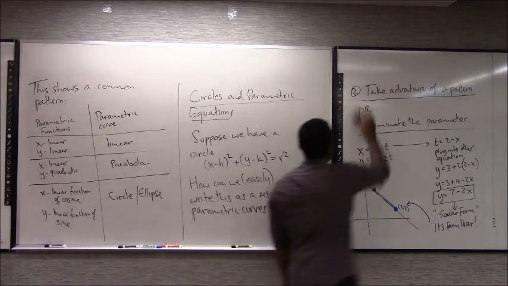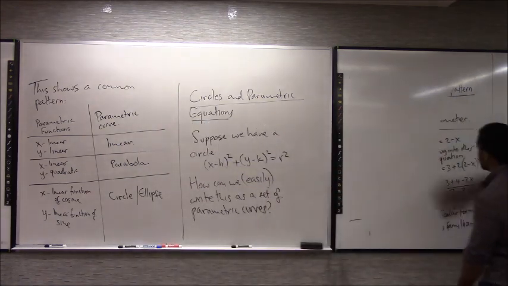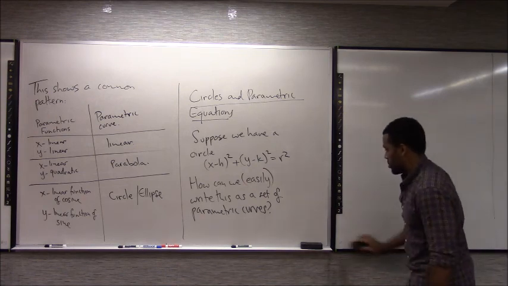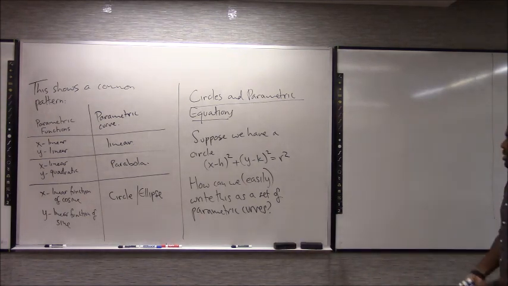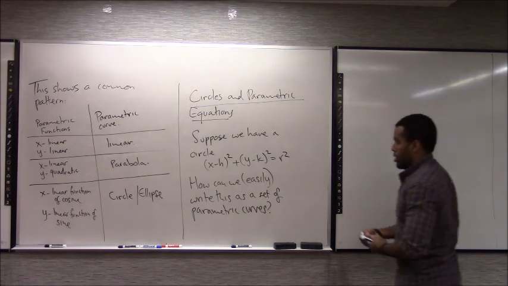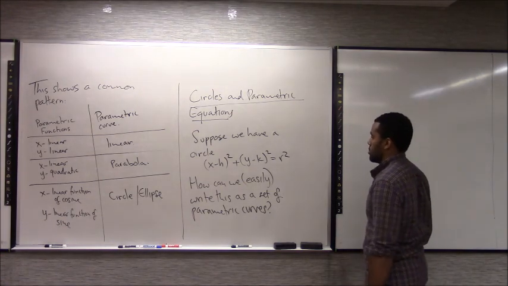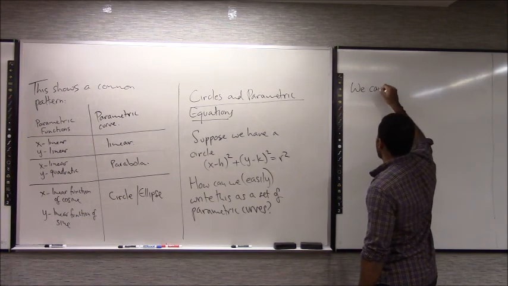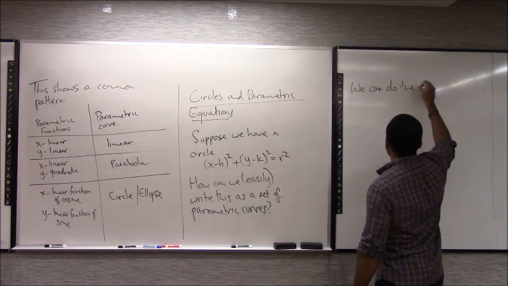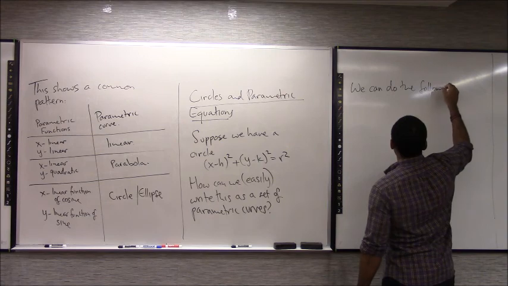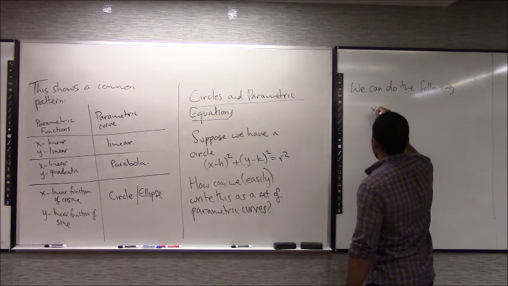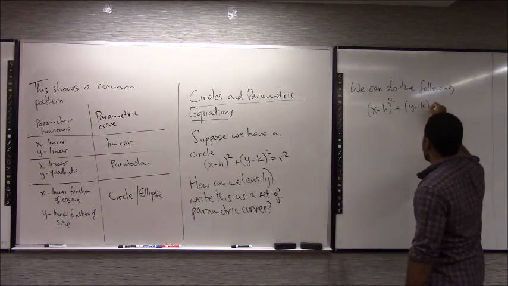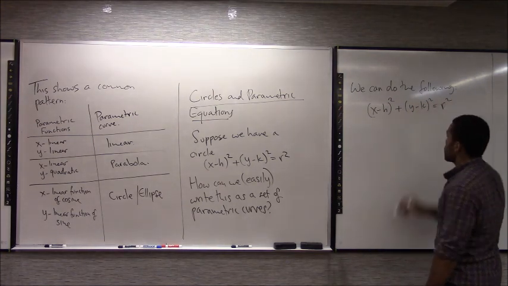So here's one thing you can do. We have (x minus h) squared plus (y minus k) squared equals r squared.